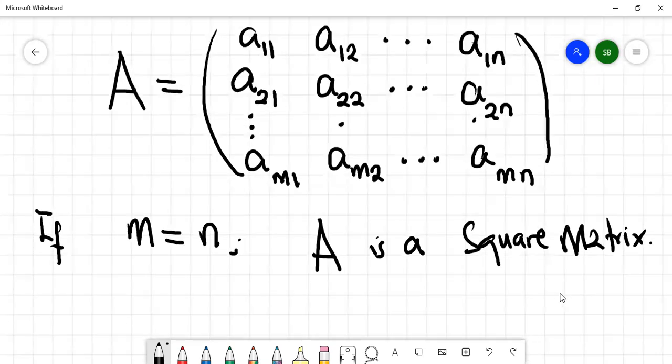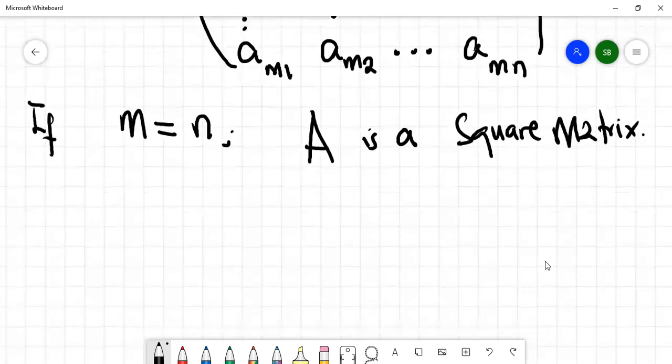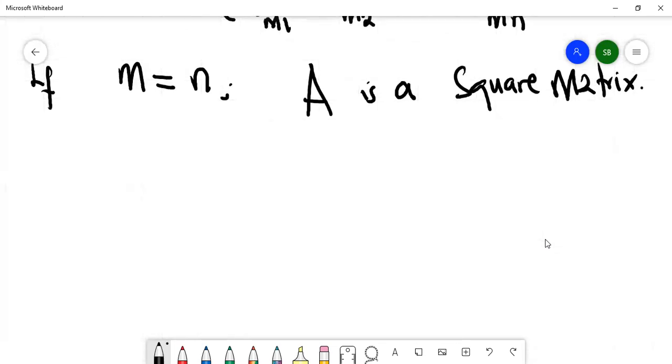Further, in your elementary mathematics MTH 101, you must have been taught that a matrix having just a single row or a single column is referred to as a vector.